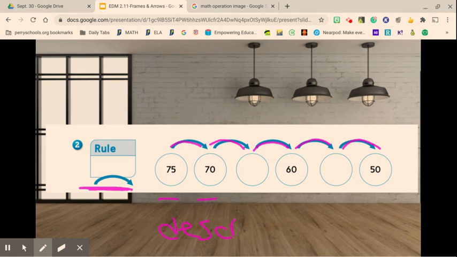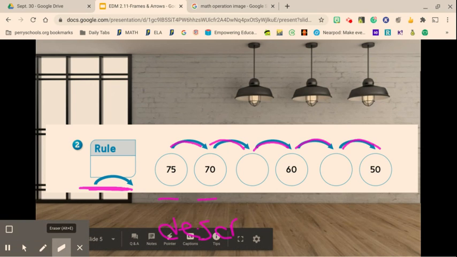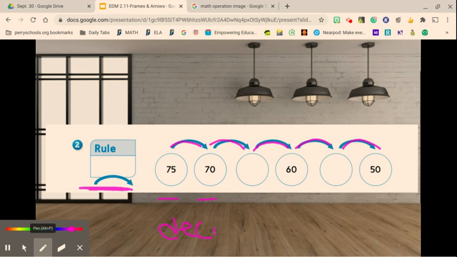Anytime my number decreases, it is going to get smaller. And if my number is getting smaller, I'm probably going to be subtracting. I could be dividing. So on this problem, I'm decreasing from 75 to 70, and it's not a very big decrease, so I'm actually taking away 5.